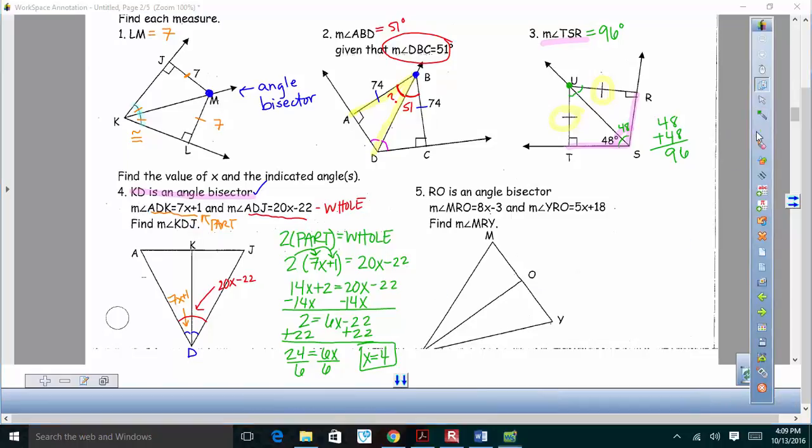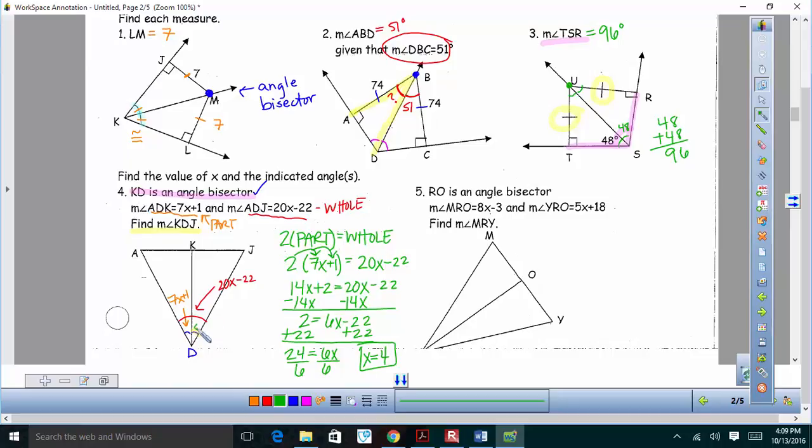So KDJ is this angle right here. So they didn't actually give me a measure for this angle, but because it's being bisected, this angle and this angle is the same.